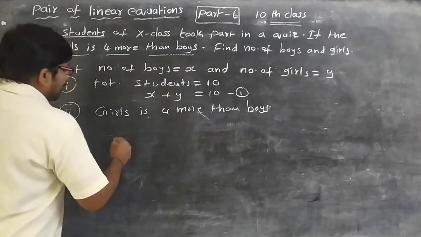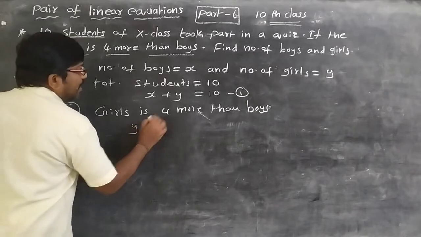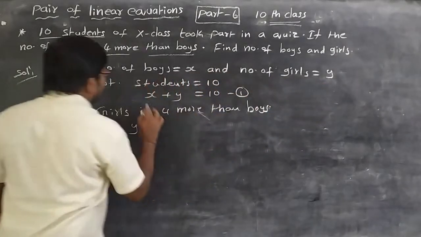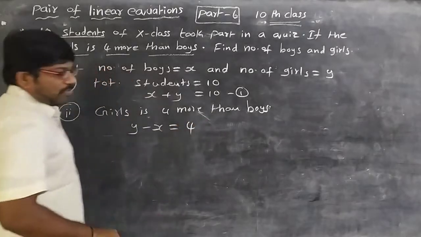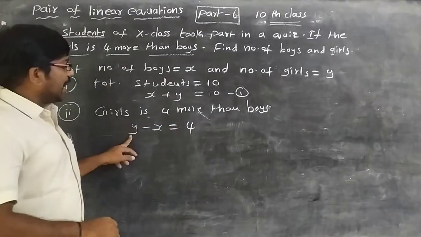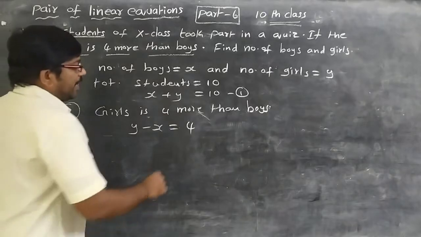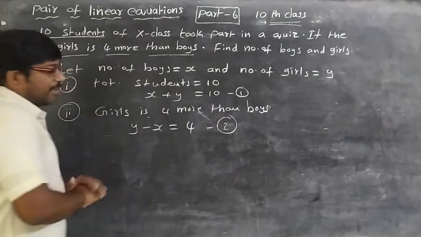Girls y and boys x: y minus x is equal to 4. The difference between girls and boys is 4. That is equation 2.